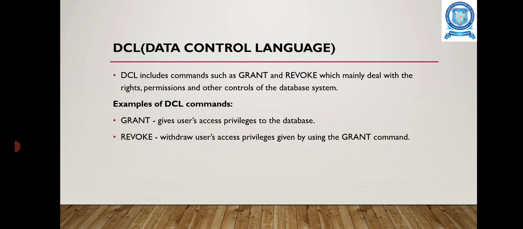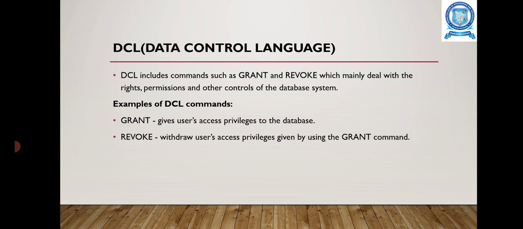The next one is the DCL. DCL means data control language. DCL includes commands such as grant and revoke, which mainly deal with rights, permissions, and other controls of the database system. Examples for DCL commands are grant, revoke.